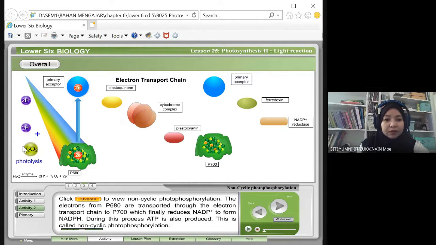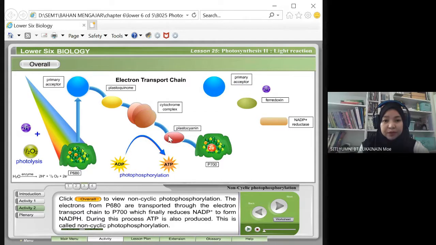The electrons from photosystem 2, or P680, are transported through the electron transport chain to P700, then finally reduce NADP plus to form NADPH. During this process, ATP is also produced. This is called non-cyclic photophosphorylation.